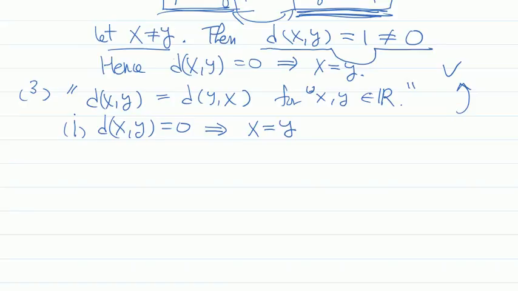You cannot just say it because the definition doesn't say anything about these properties. Then y equals x in real numbers, right? We cannot say this guarantees dyx is also 0. We don't know. We need to show it.